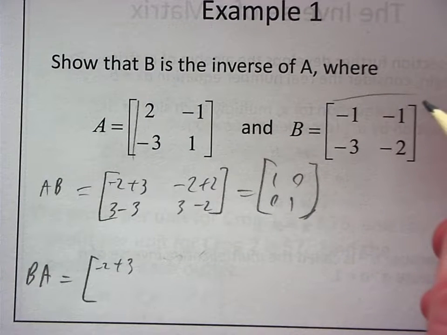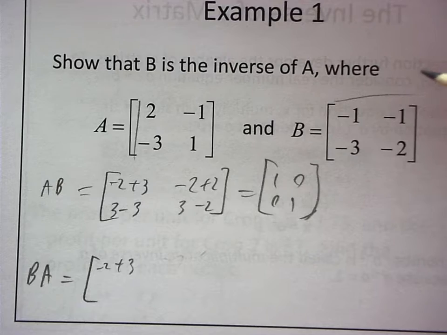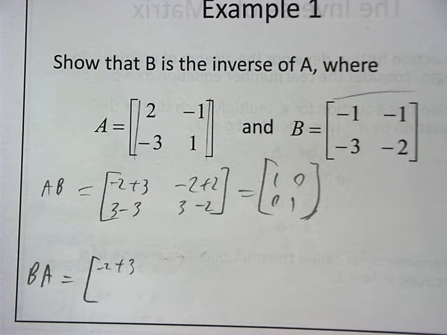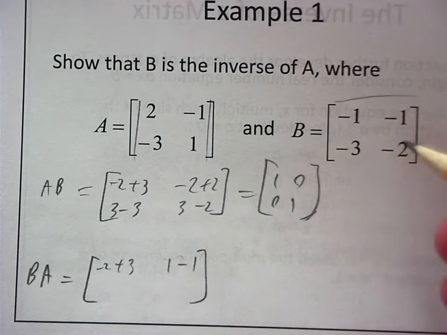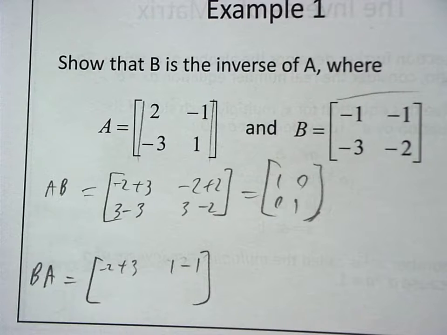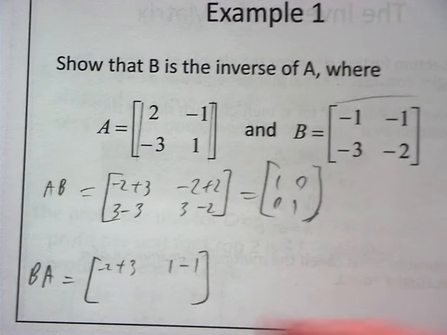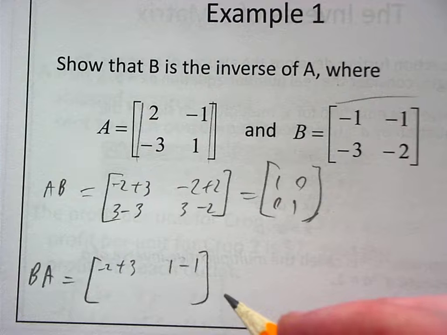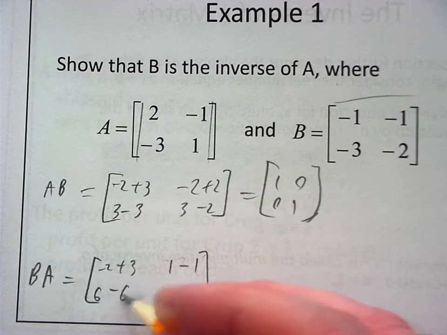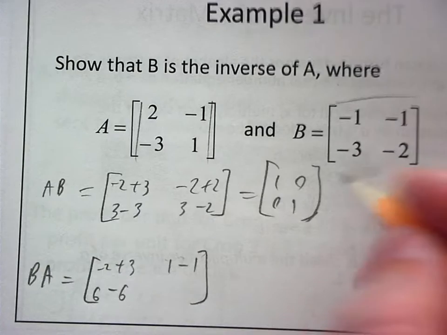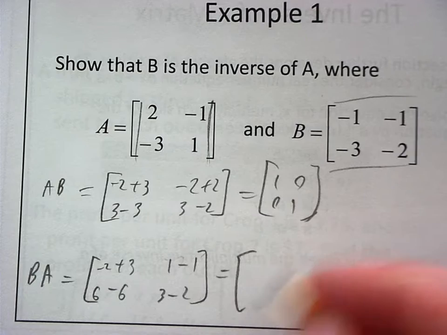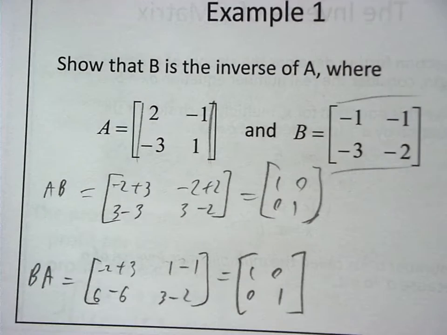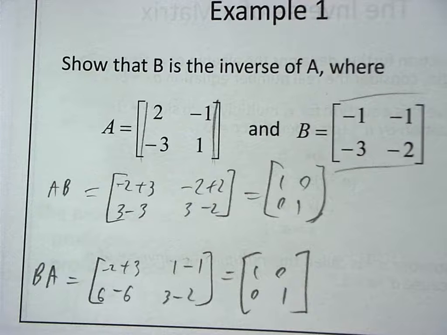You're doing this row: 1 plus negative 1, or 1 minus 1. Remember, we're doing B first, then A. It's easy to slip, especially when they're written that way, because your brain wants to do it the other way. Bottom left? 6 minus 6. Bottom right, so bottom row, right column? 3 minus 2. So it works both ways. That means these two matrices are inverses of each other. So if they ask you to prove that two matrices are inverses, just show both ways like that. Not too bad?